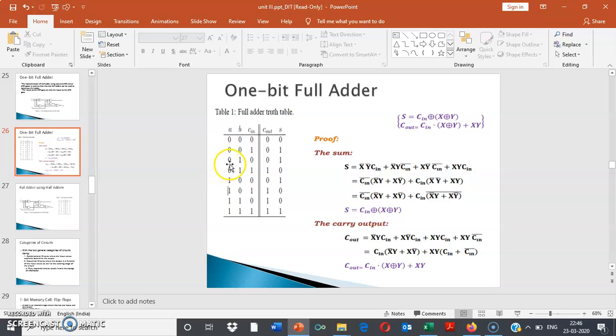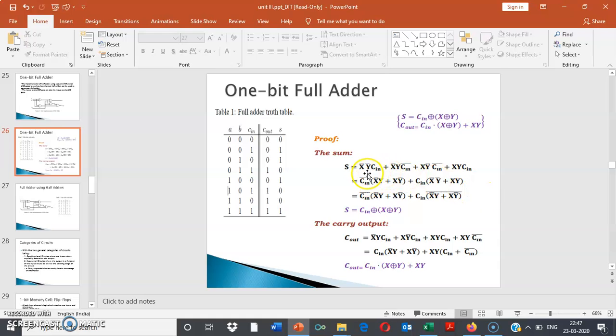So this will be X bar, Y, C in bar. Next you have 1 here. So it will be X, Y bar, C in bar. Next you have 1 here, X, Y, C in. So we have considered AB as XY. You can have the equation in AB form also.